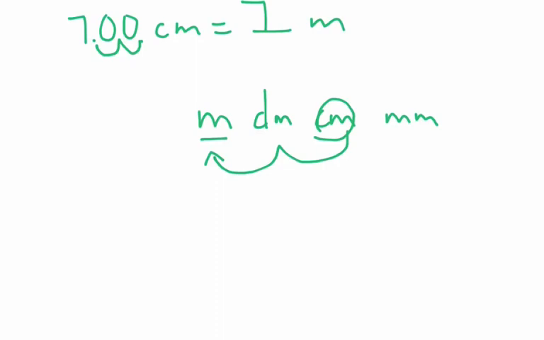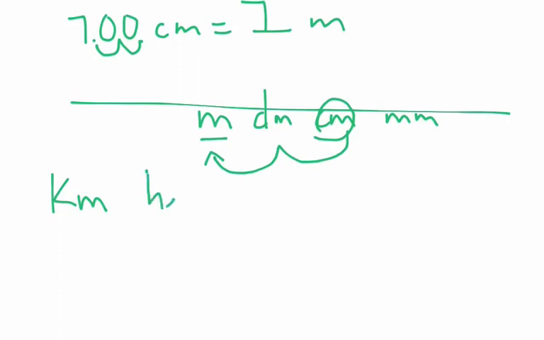So it's very important that you guys remember the order of the units in the metric system. So you have kilometers, then you have, here I should show you that other, what we call hectometers, and then we have decameters.